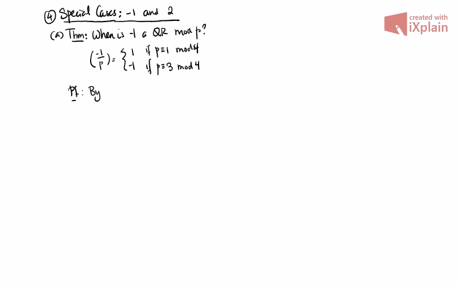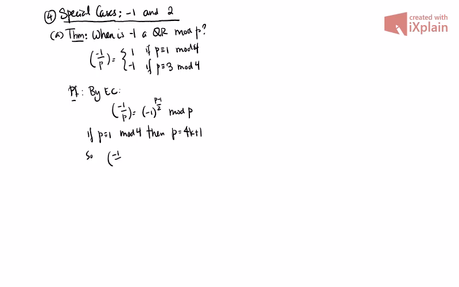By Euler's criterion, we have negative 1 over p is negative 1 to the p minus 1 over 2, mod p. In the first case, if p is congruent to 1 mod 4, then p is 4k plus 1 for some integer.